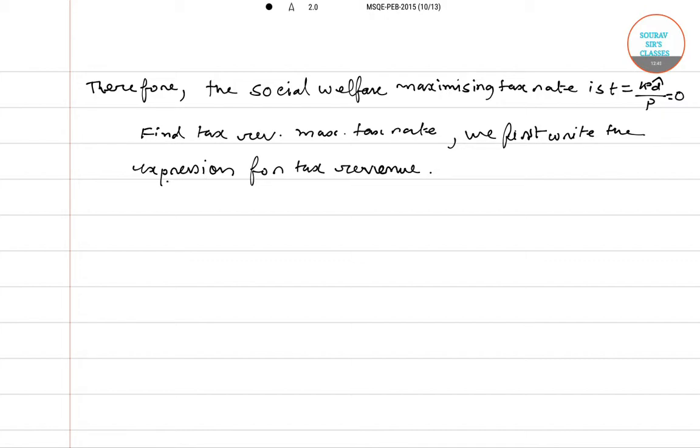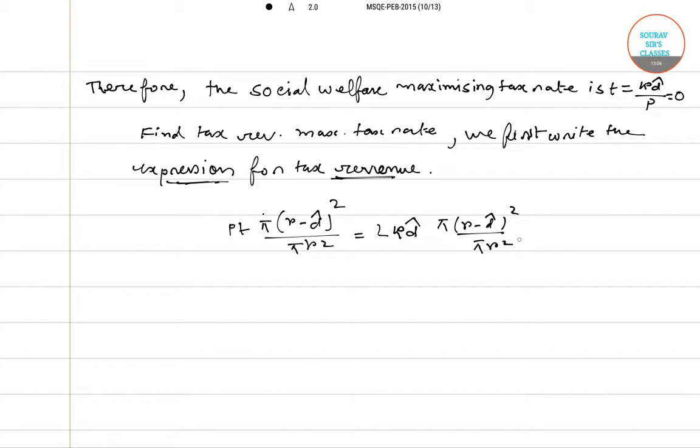So the expression will be pt times pi (r minus d hat) whole square divided by pi r square, which will be equal to 2k d hat (pi r minus d hat) square divided by pi r square. How do we get it? Because we know d hat equals pt by 2k.